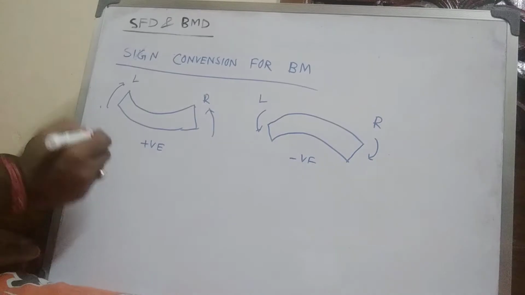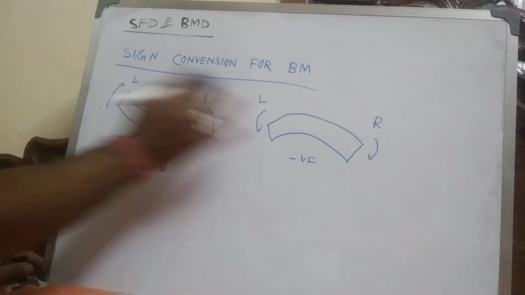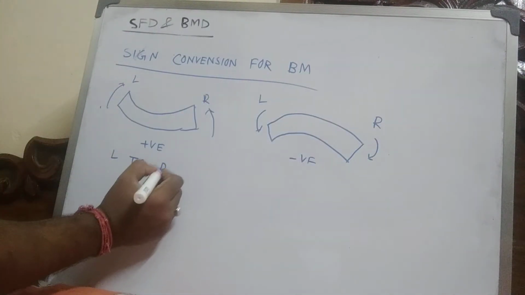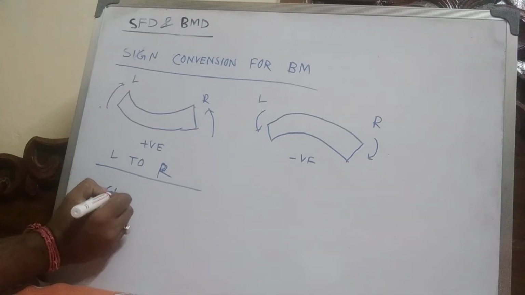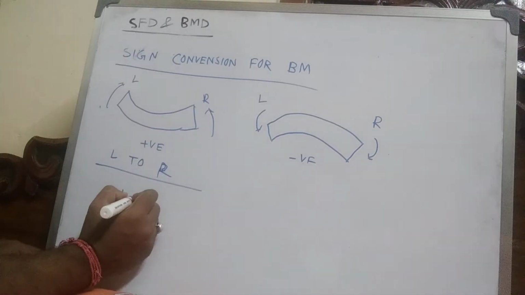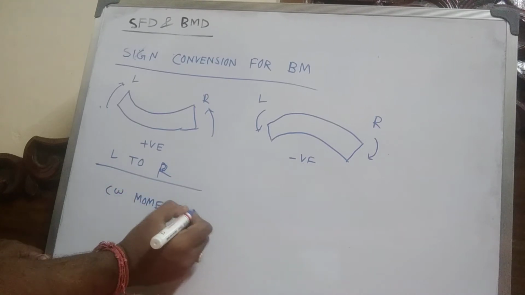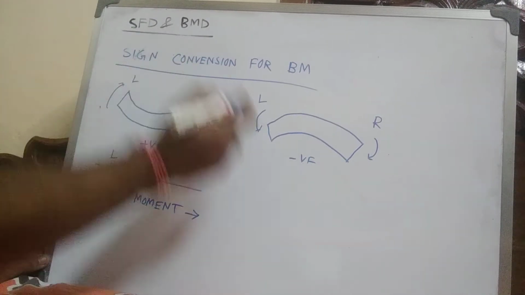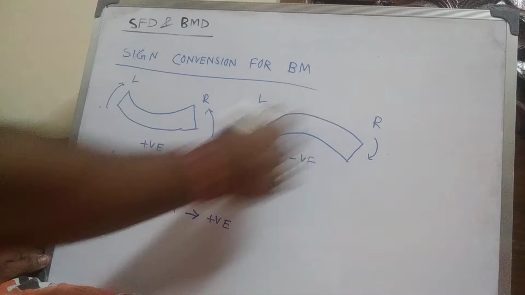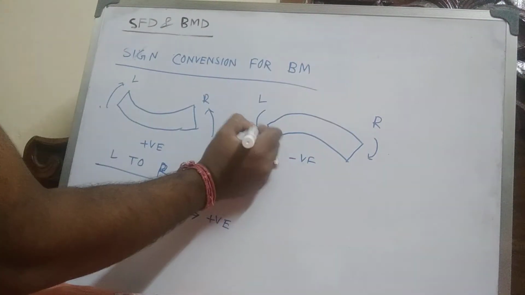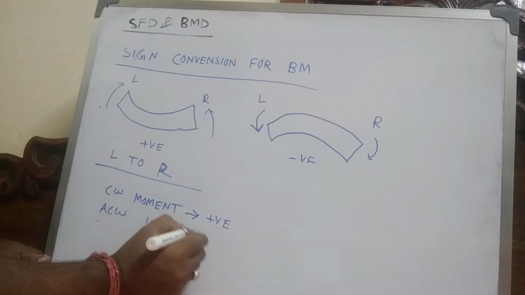So left to right, clockwise moment is positive, and left to right counterclockwise or anti-clockwise moment is negative.